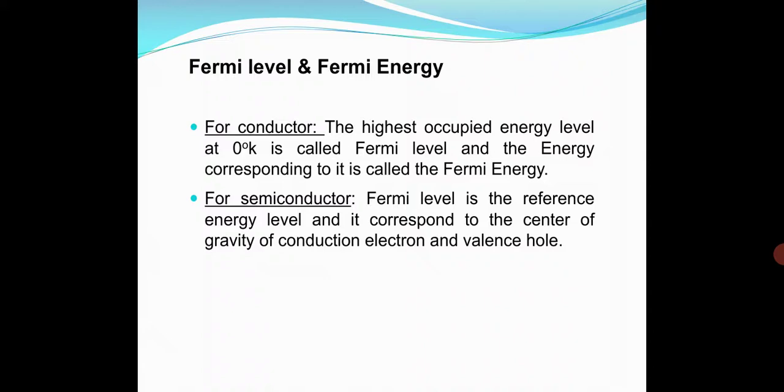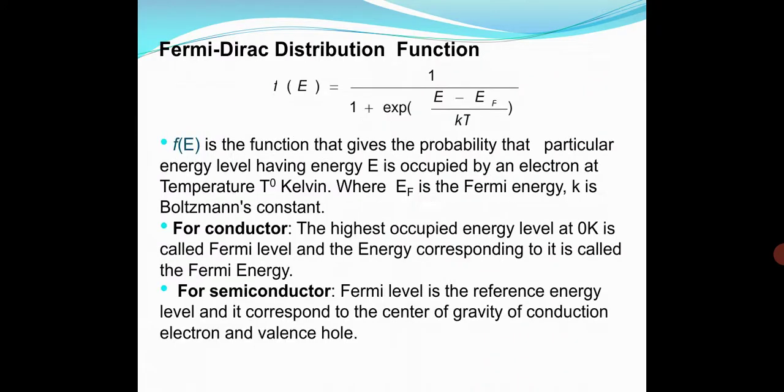I repeat, the highest occupied energy level at 0 degrees Kelvin is called the Fermi level, and the energy corresponding to it is called the Fermi energy. For a semiconductor, the Fermi level is the reference energy level, corresponding to the center of gravity of conduction electrons and valence holes.